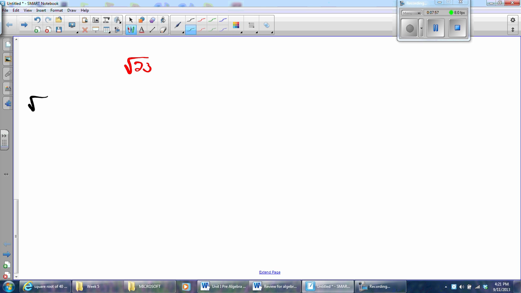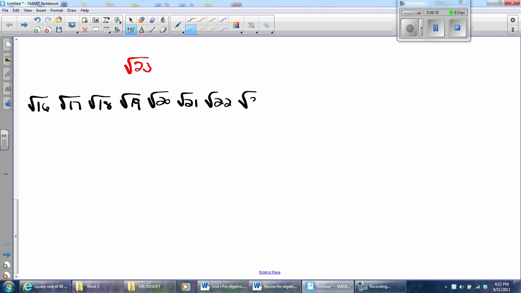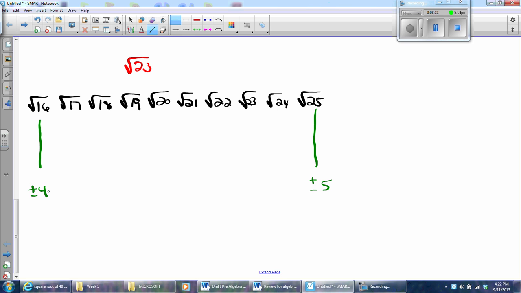Well, 16 would be the lower bound, and then 17, 18, 19, 20, 21, 22, 23, 24, and the square root of 25. All right, so this is going to be plus or minus 4, and this one's going to be plus or minus 5, right? Let me get my number line out here. I always have a number line handy.